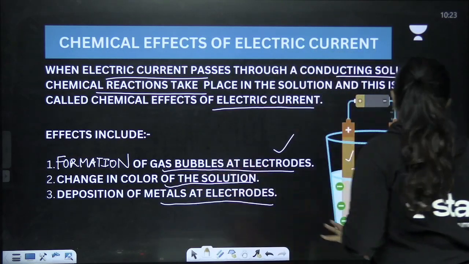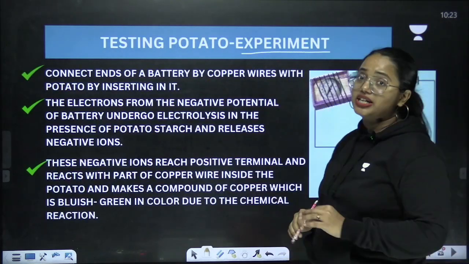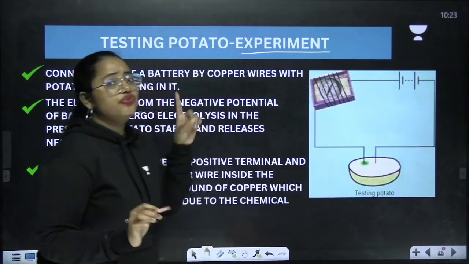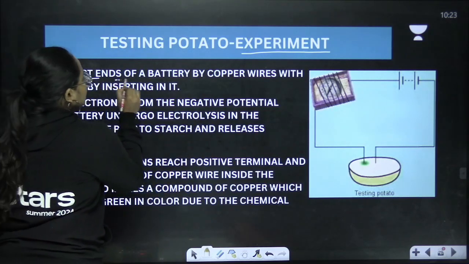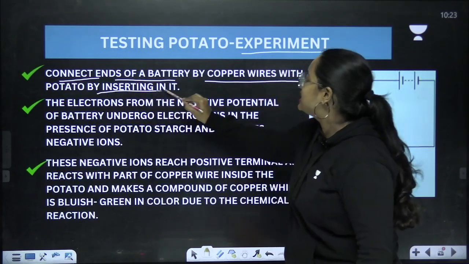And now we are going to learn the next one. It's all about the testing potato experiment. This is a very, very important experiment that has to be learned. For that, what are the necessary things? Connect the ends of a battery by copper wires with a potato by inserting them in it.